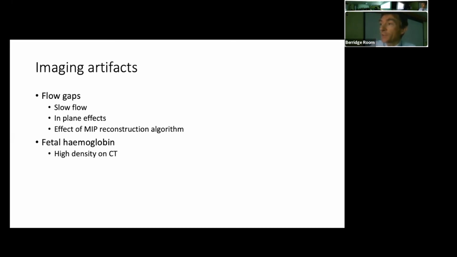Looking at some of the MR artifacts, really to do with flow gaps that can be misinterpreted as thrombus, and then on CT, this phenomenon of fetal hemoglobin, which can be problematic when you're looking at CTs on neonates because their blood is naturally higher density than you see in older children and adults.